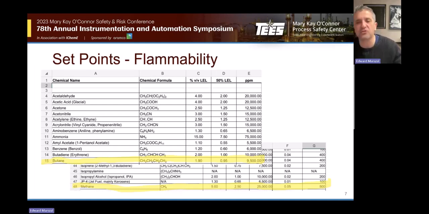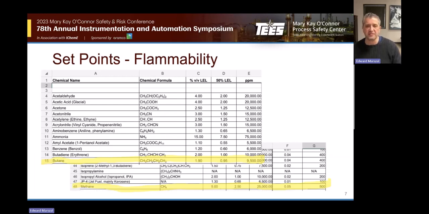So I'm showing two lines out of this spreadsheet, one for butane and one for methane. But overall, what are the columns on the spreadsheet? Well, we have a chemical name, we have a chemical formula, we have a concentration of gas that is presented in percent of LEL and methane.